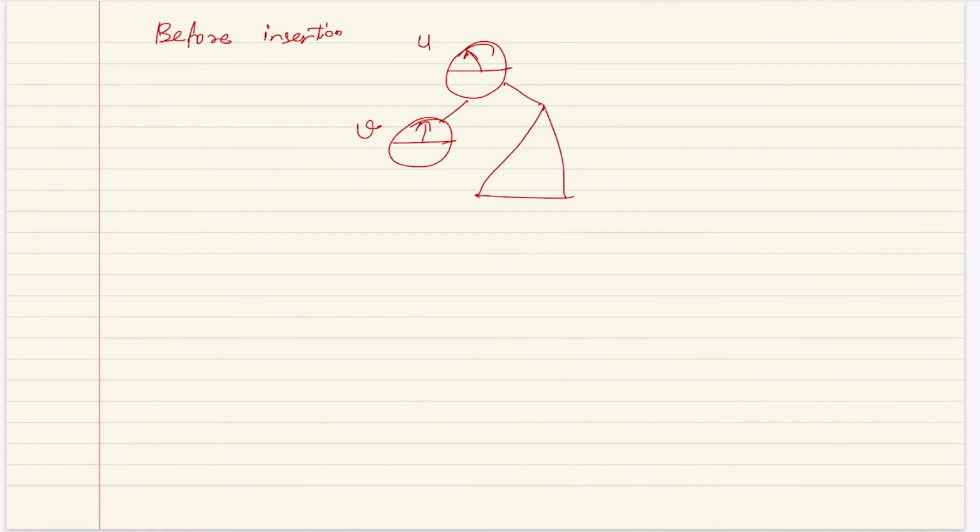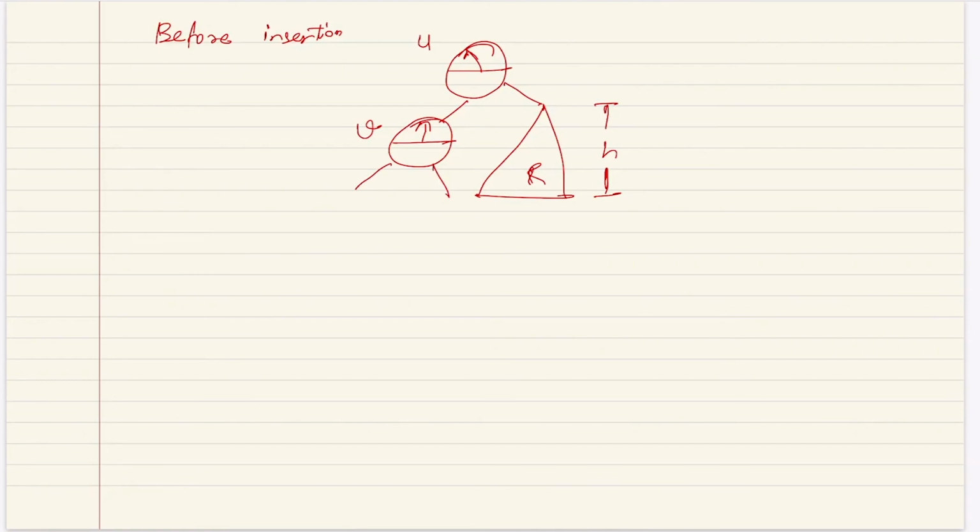So let's draw the situation before insertion and after insertion. What would happen before insertion? U would have a balance factor of minus 1, and V would have a balance factor of 0, and U has a right subtree, let's say of height h, and V has two subtrees.